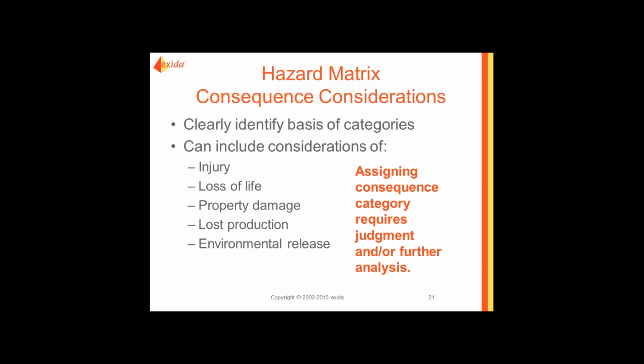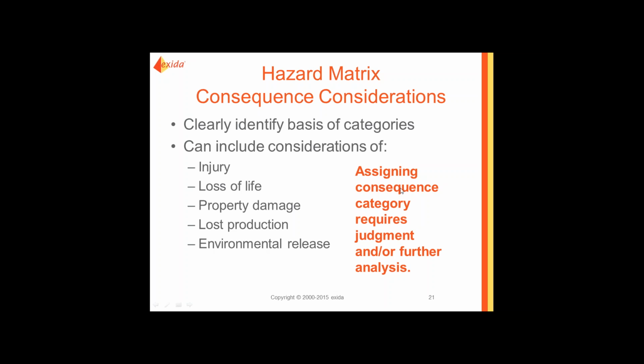So from the consequence considerations, clearly it identifies the basis of the categories, and you need to include considerations for injury, loss of life, property damage, loss of production, environmental release. Again, our three receptors that we're always looking at, which is the personnel, the environmental, and the financial.